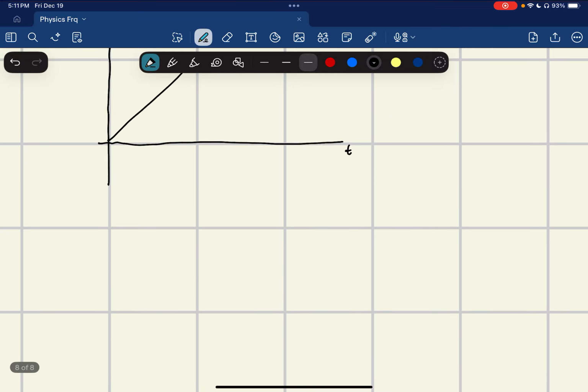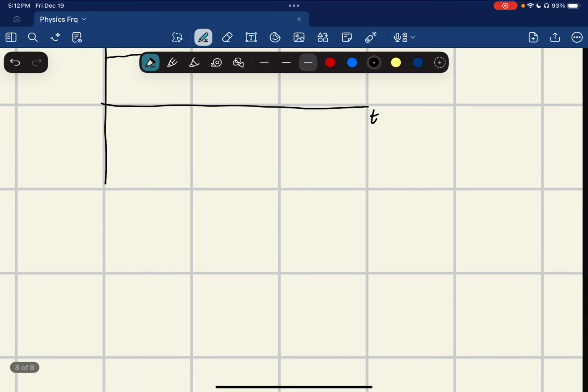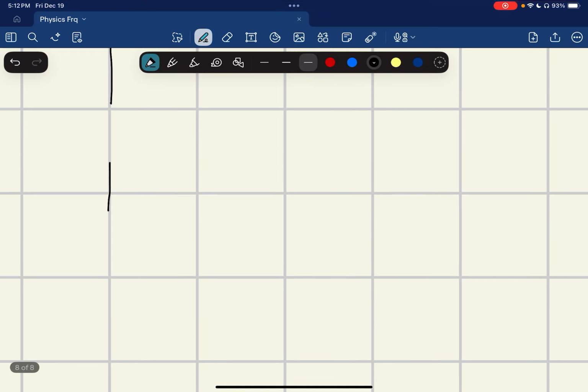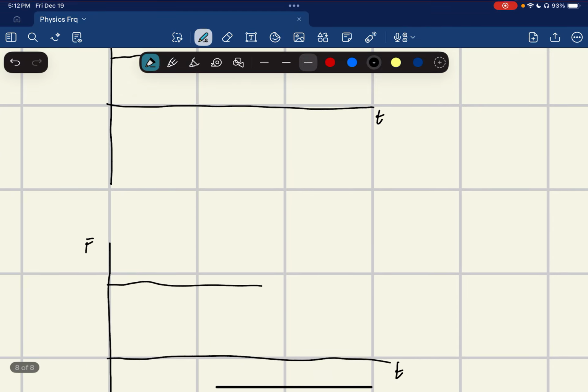And then for your acceleration versus time graph, it would be a constant positive line, with A being your y-axis and T being your x-axis, sorry. And then for your F of T graph, F will be your y-axis and T will be your x-axis, and it would look the same as your acceleration graph.